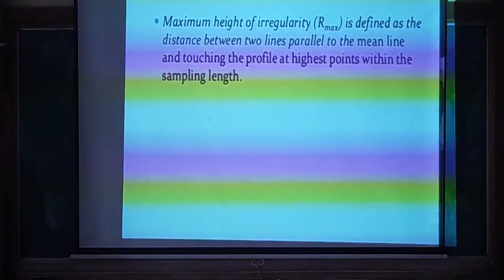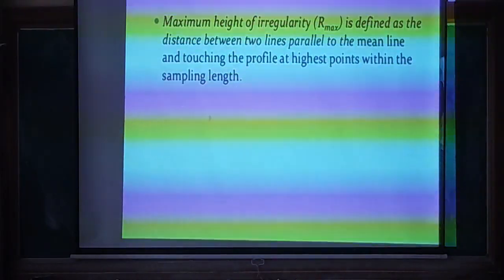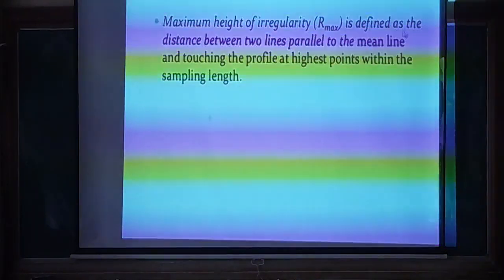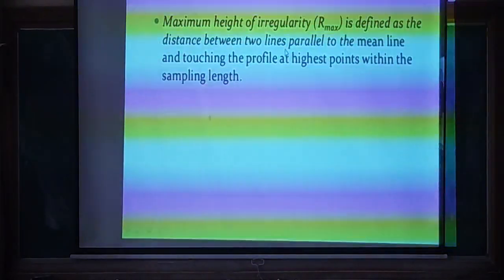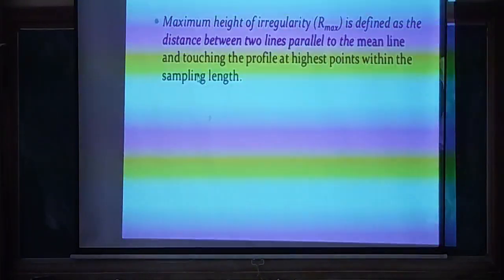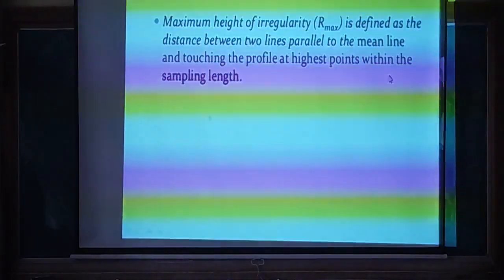Next is the maximum height of irregularities. How do we calculate Rmax? Maximum height of irregularity is defined as the distance between two lines parallel to the mean line and touching the profile at the highest points within the sampling length.